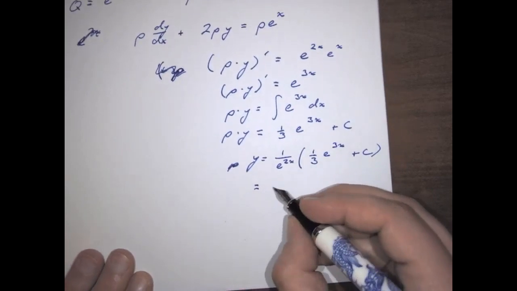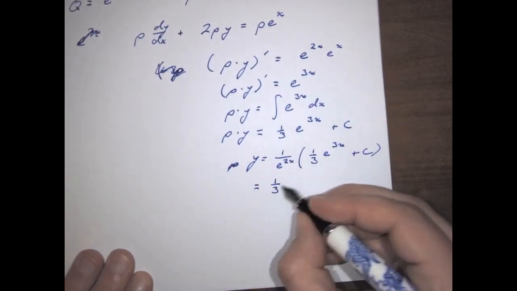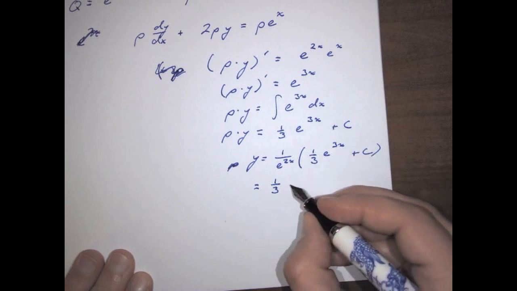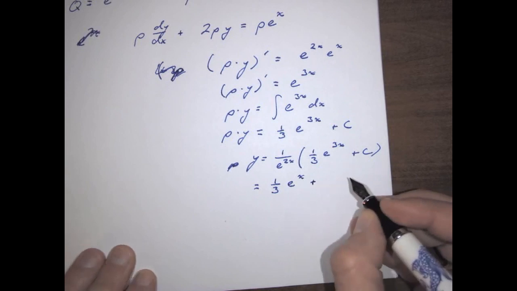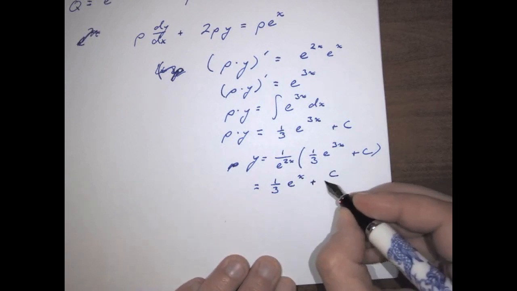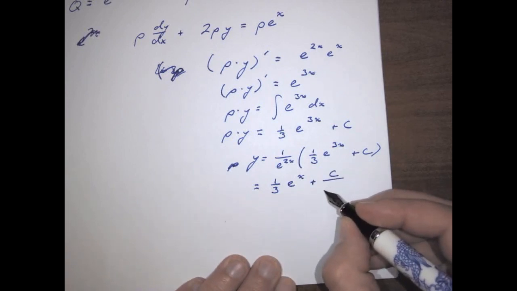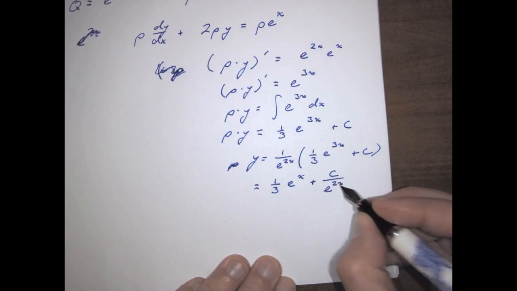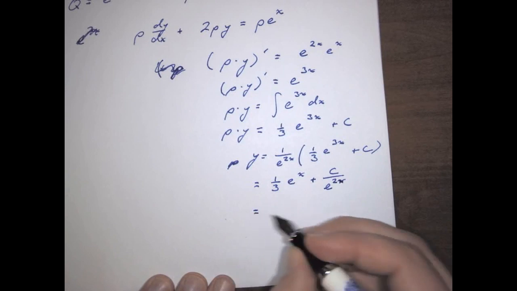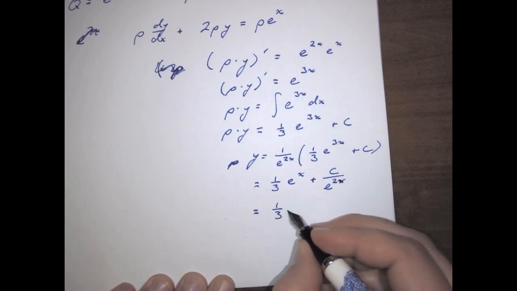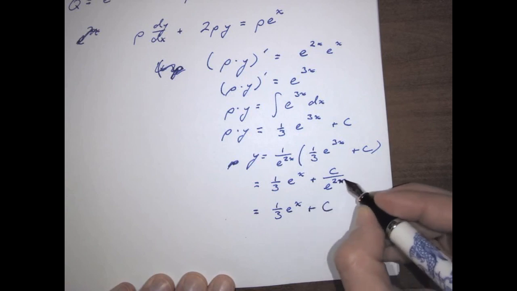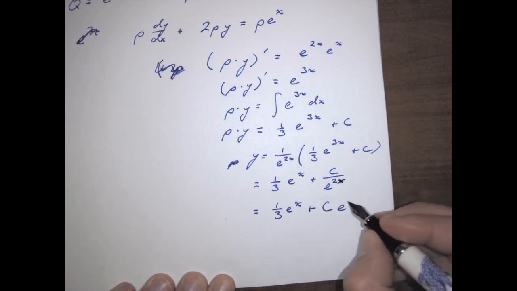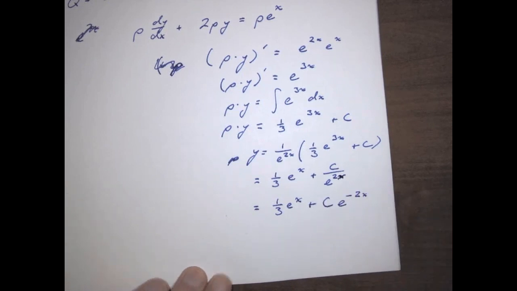and then here this is going to distribute, and it's going to mostly cancel, and we're going to end up with just e to the x plus c divided by e to the 2x, or as we'll rewrite it, 1/3 e to the x plus c e to the negative 2x.